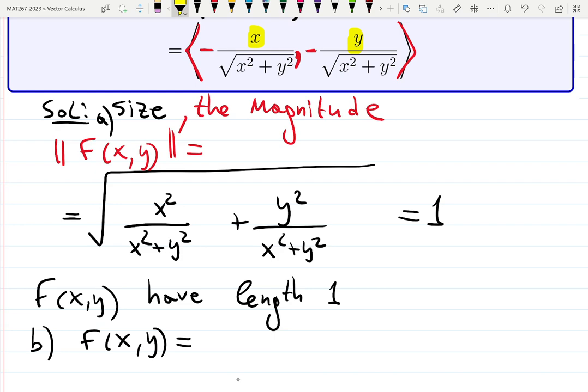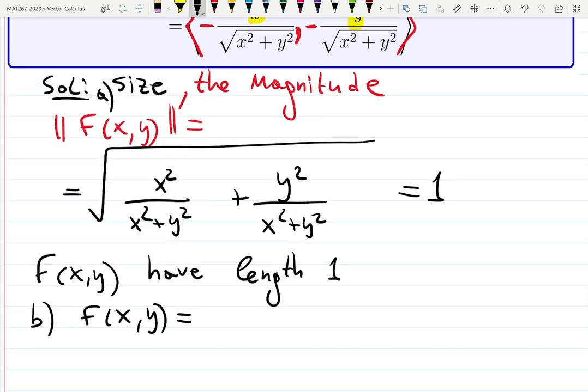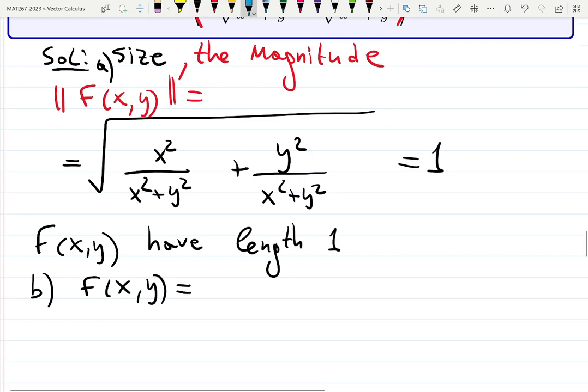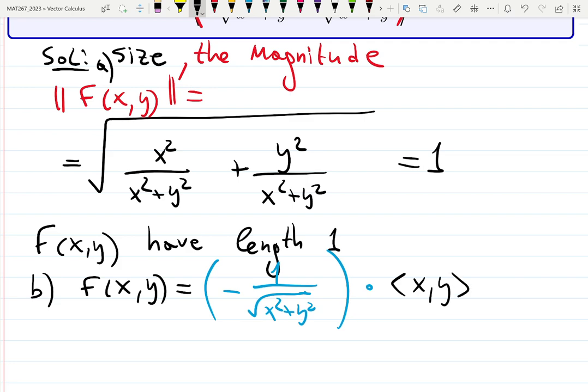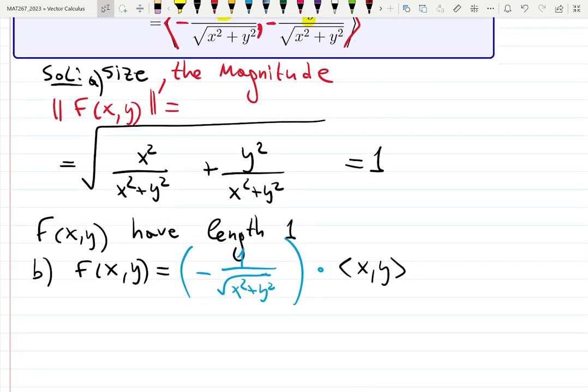Actually, both are fine. Let me write it down and you tell me what you think. Minus 1 all over x squared plus y squared times x and y. That is a dot product. Is that the same thing?